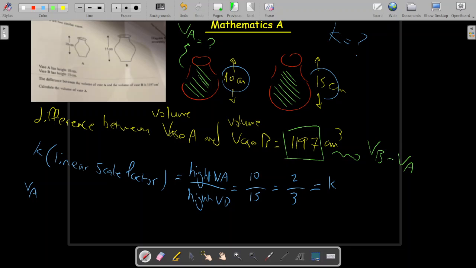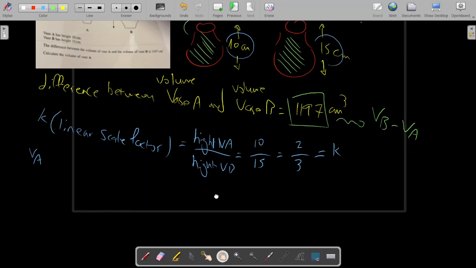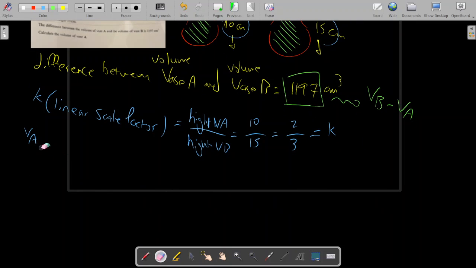We cannot have a positive volume unless we subtract, so the difference is going to be between the larger minus the smaller. So pay attention to that. Volume of B minus volume of A is going to be equal to 1197.